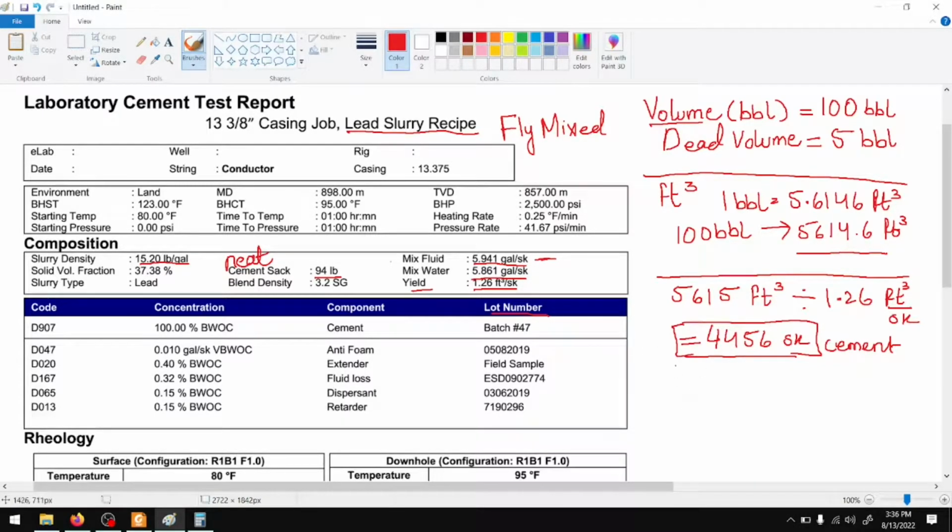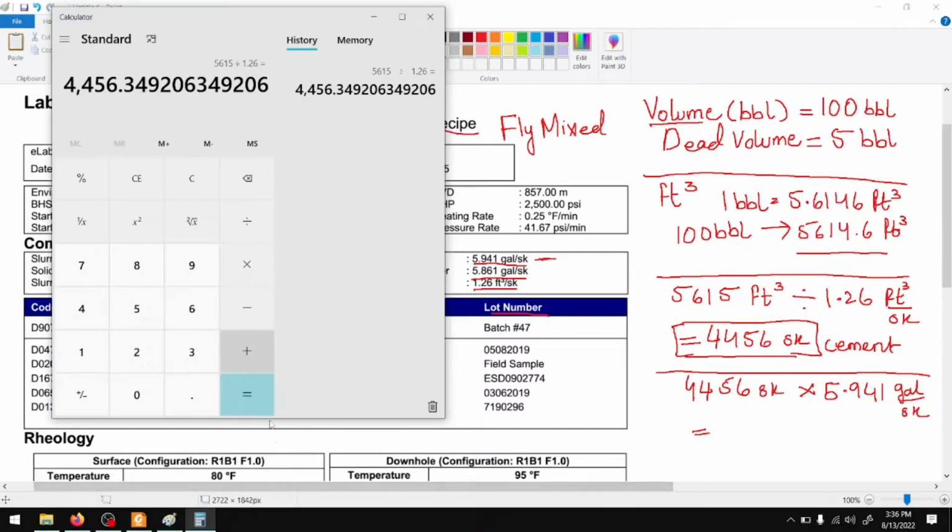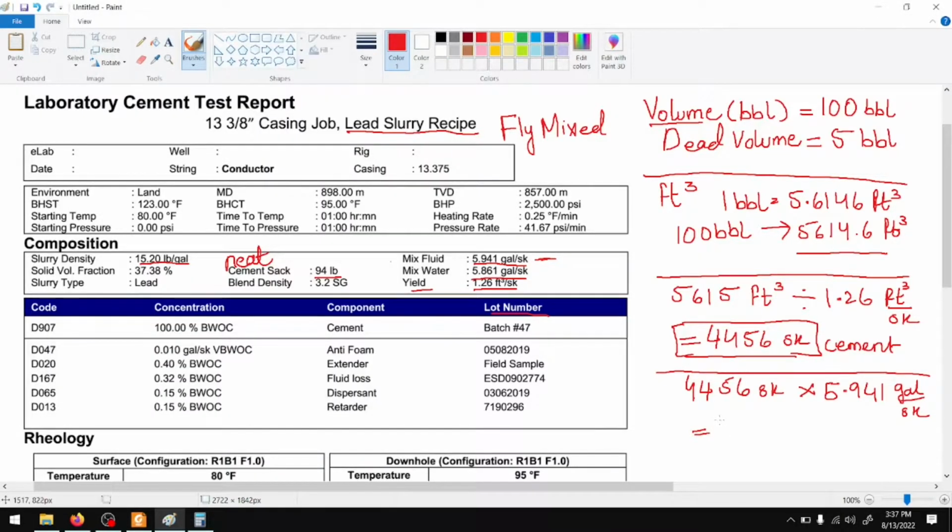You have your sacks of cement, and you simply multiply your sacks of dry cement by your mixed fluid ratio. So 4456 sacks multiplied by the mixed fluid ratio, which is 5.941 gallons per sack, gives you a mixed fluid volume of 26,475 gallons.